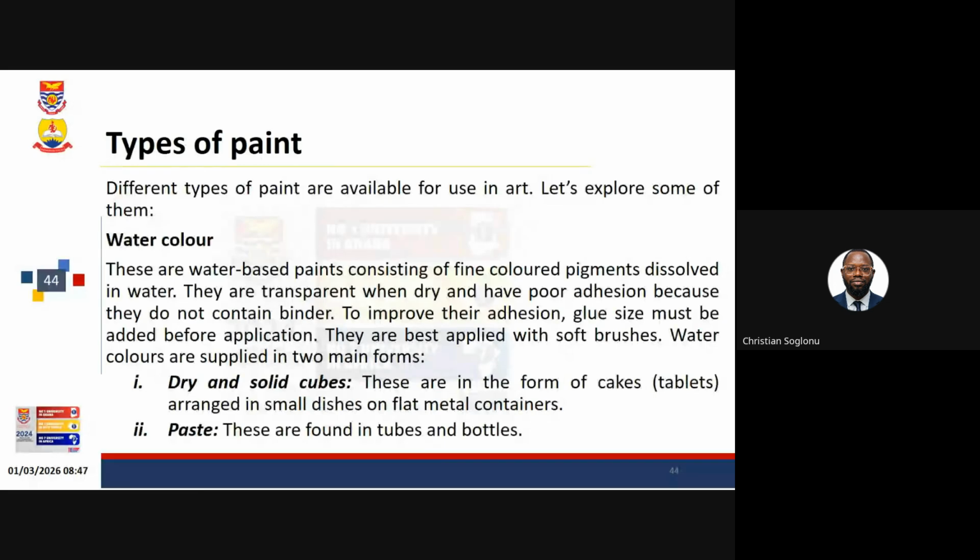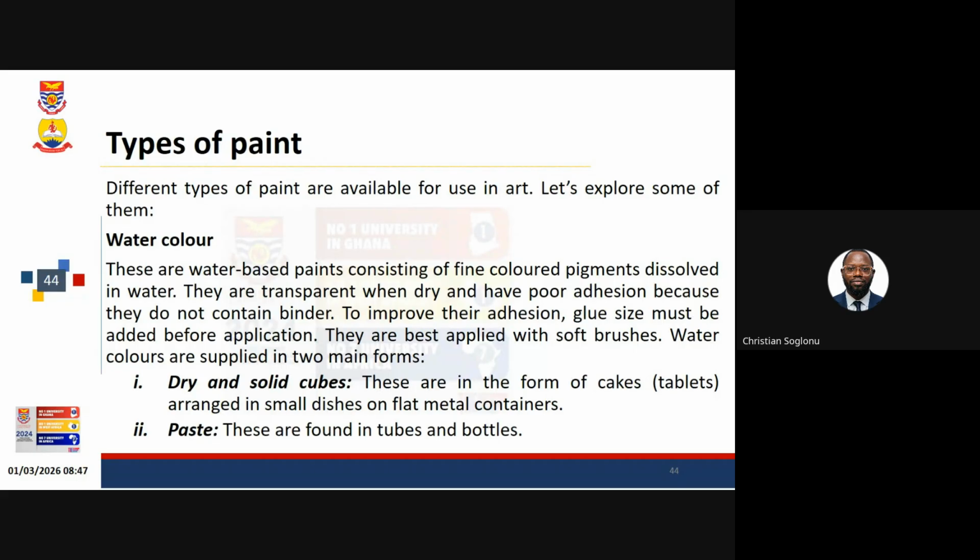So you see them in cubes on a container. If it's red, you see red in a cubic form, yellow in a cubic form, all the colors in a cubic form in your container. That is how it is arranged.